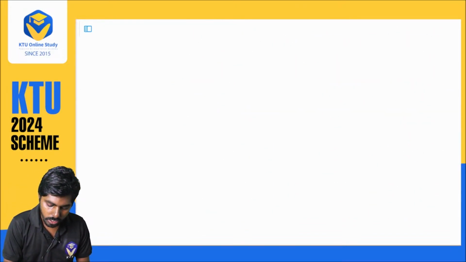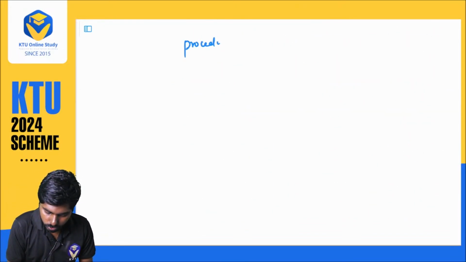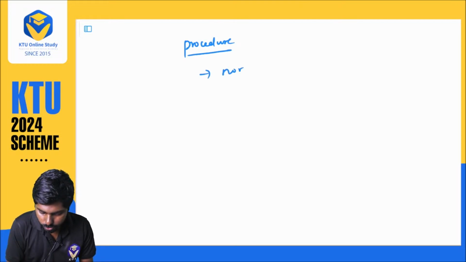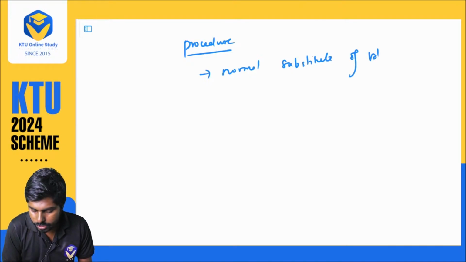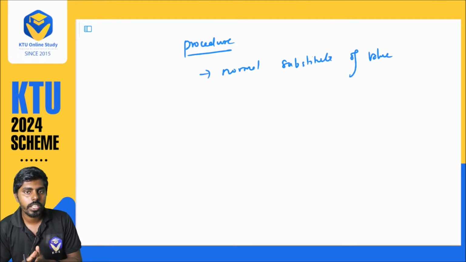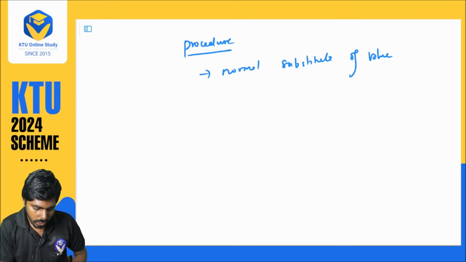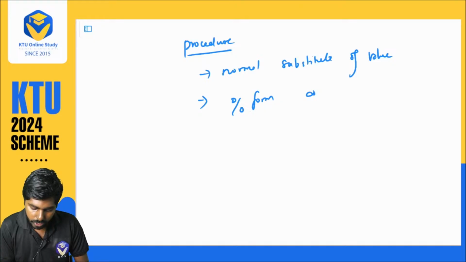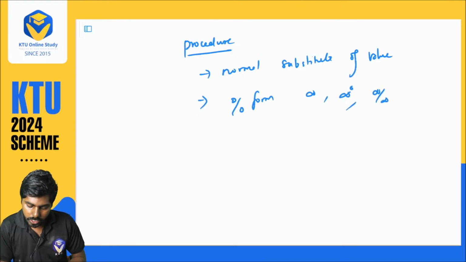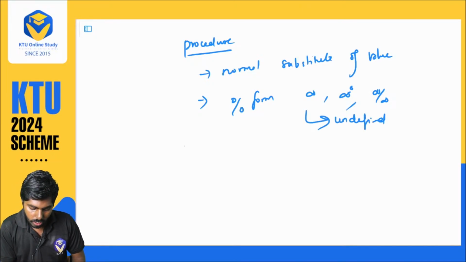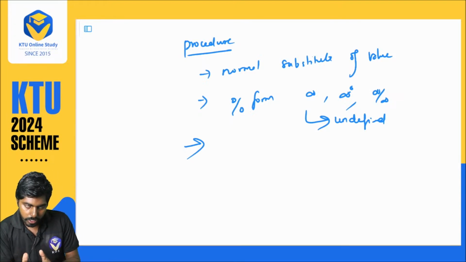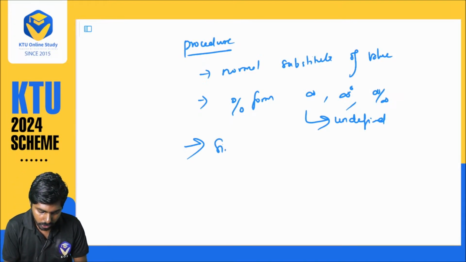Very simple procedure. First, normal substitution of value, like x or t, whatever they have given, just apply the normal substitution. Then if you are getting 0 by 0 form, or infinity, or infinity power 0, or infinity divided by infinity, such a kind of undefined form, then we want to do simplification.